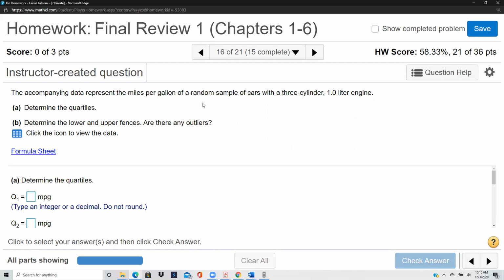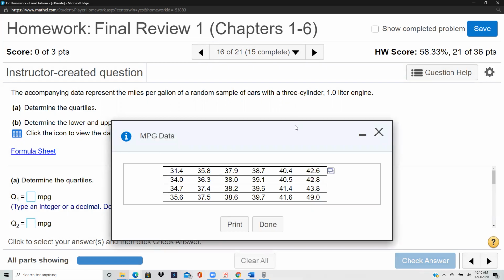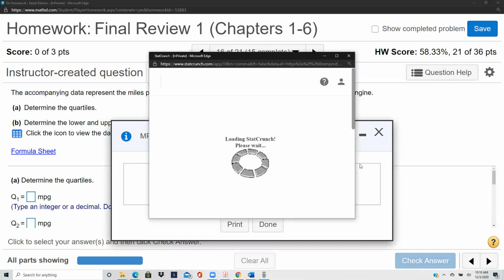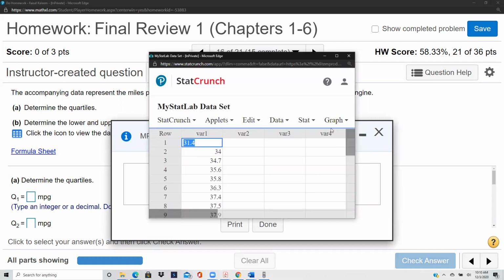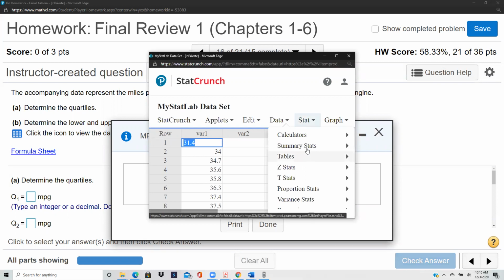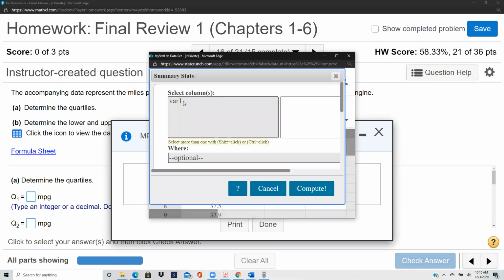Okay, so let's see. Determine the quartiles and upper and lower fences, outliers. So click to view the data. So copy in StatCrunch. Yes, and it has that summary stat thing that has the quartiles. So Stat, Summary Stats, Columns.